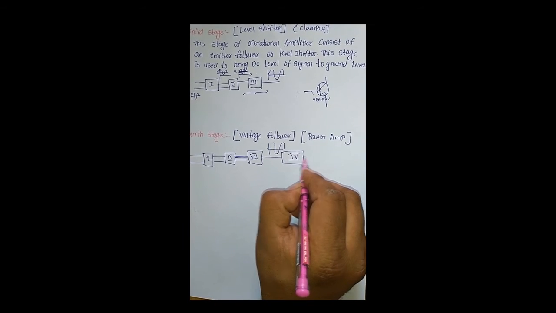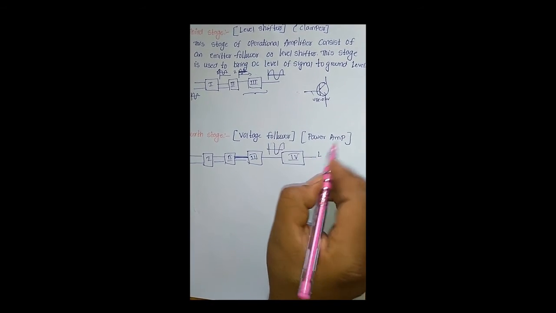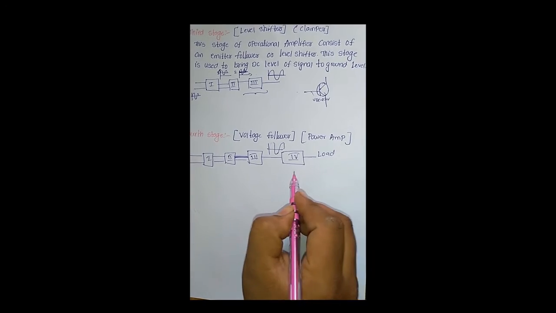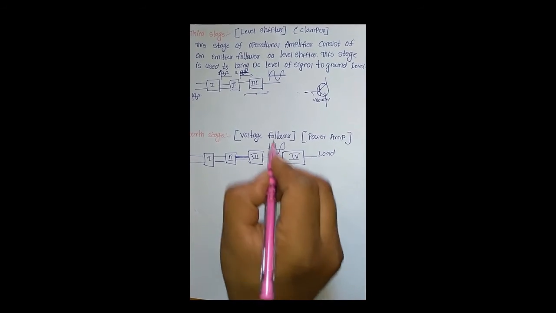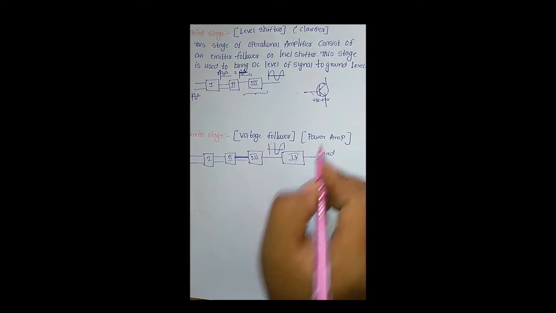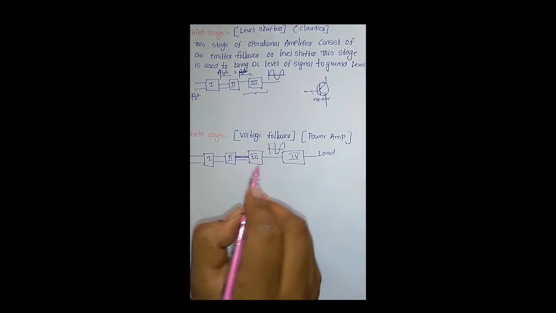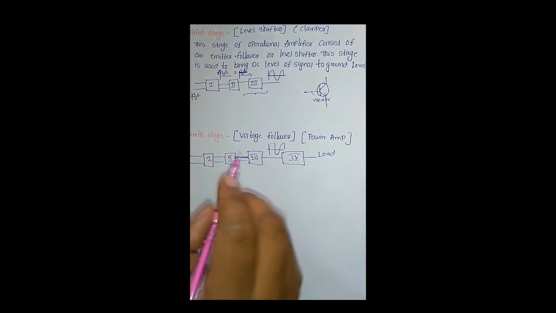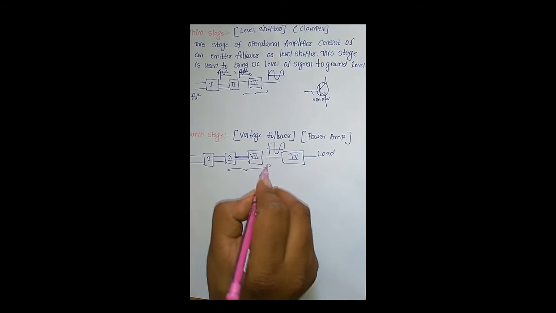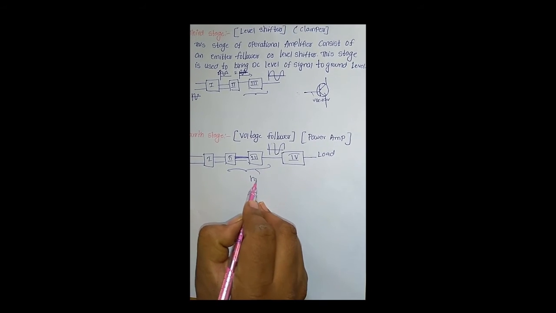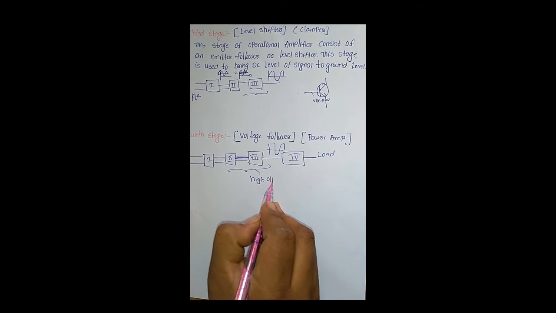And here we can connect the load. But here our doubt is what is the role of this voltage follower circuit or the power amplifier circuit. One important point is that this overall circuit has a high output impedance.